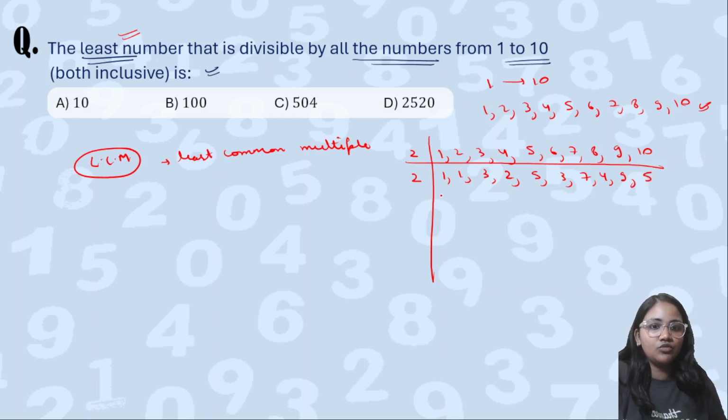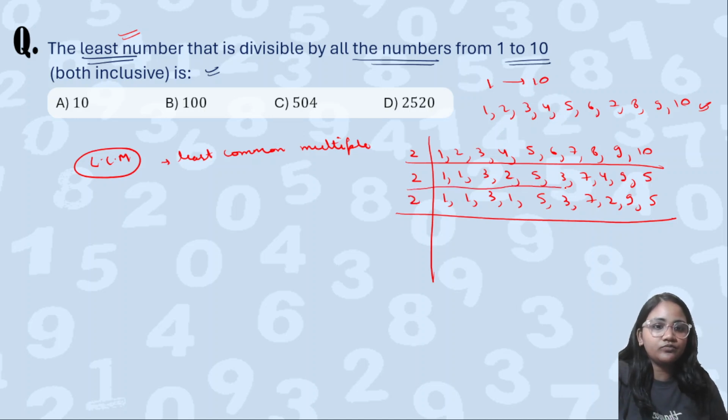Yes, 2. 1, 1, 3, 1, 5, 3, 7, 2, 9, and 5. Okay, any more 2s? Yes. So let's again 2. 1, 1, 3, 1, 5, 3, 7, 1, 9, and 5.